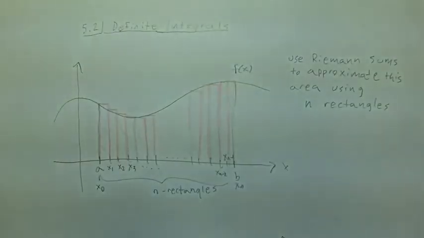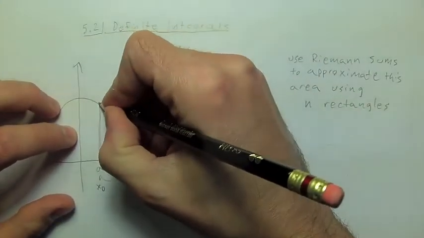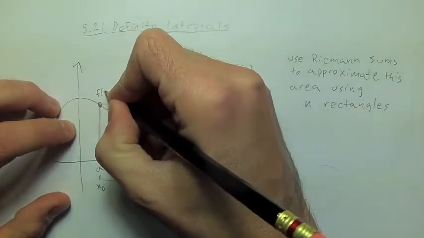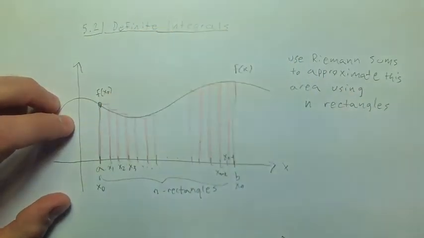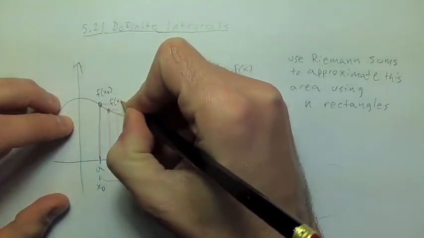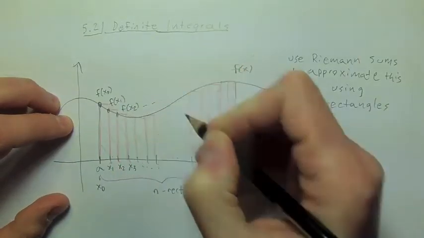Okay. So, and then for each x I actually have an f value that's associated with it, right? Here is f of a, which is f of x0. Here's f of x1. Here's f of x2, and so on.